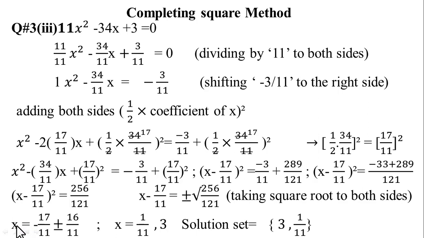Here we can solve x is equal to 17 by 11 plus 16 by 11, and the other time negative, so the solution set is 3 and minus 1 upon 11. Now we can solve today's last part, part 4.